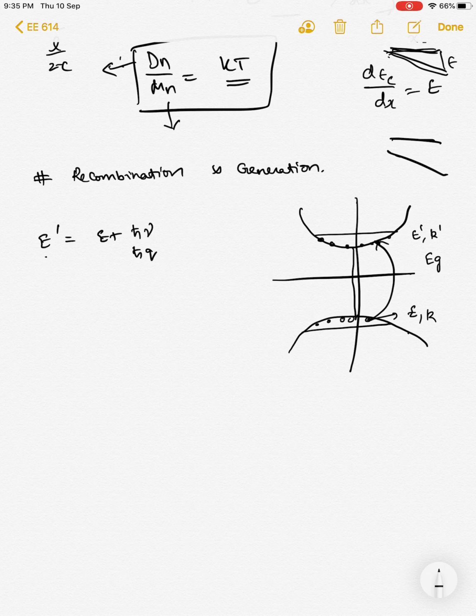In addition to the energy conservation, you should also have what is called the wave vector conservation, k prime equals k plus nu or q, depending upon which process it is. So nu is the wave vector of the photon and q is the wave vector of the phonon and so forth. It is this wave vector conservation, as well as the energy of course, which determines how excitations can happen from the valence band to the conduction band.